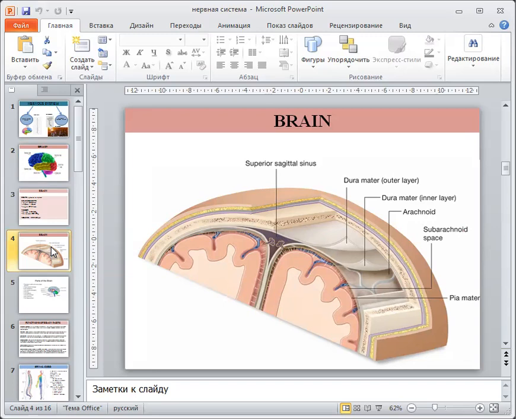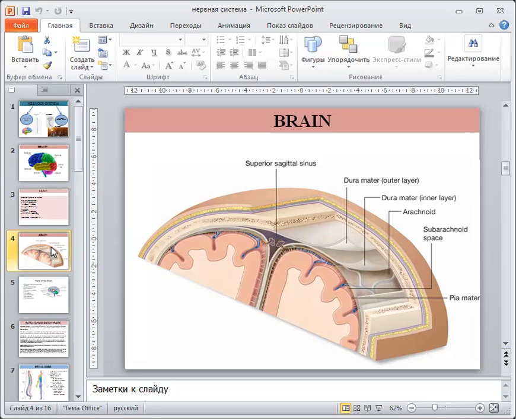The arachnoid shell is a thin, translucent shell. It has no vessels. There is a subarachnoid cavity between the soft shell and the arachnoid shell. It is full of cerebrospinal fluid.